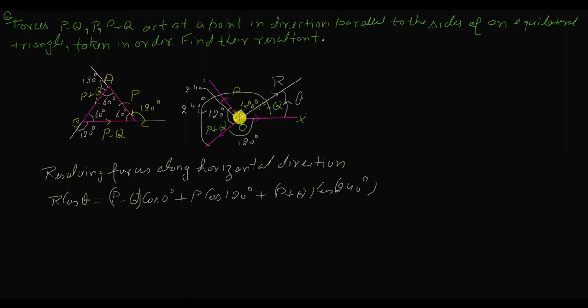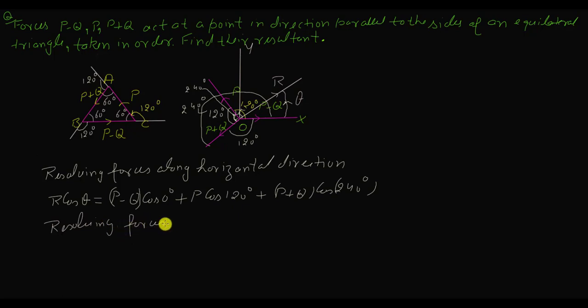Now take the direction perpendicular to the horizontal, that is, the vertical direction. I have taken the vertical direction. Now resolving the forces along OY, that is the direction perpendicular to horizontal.